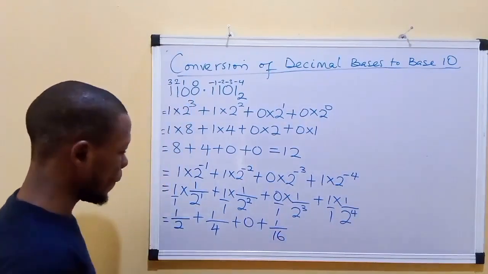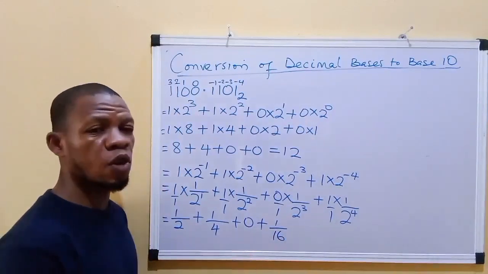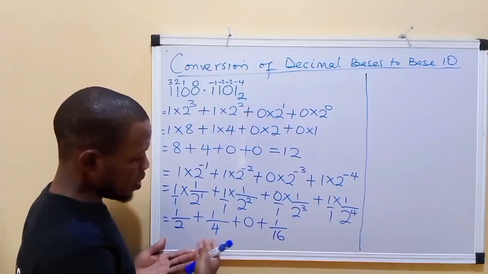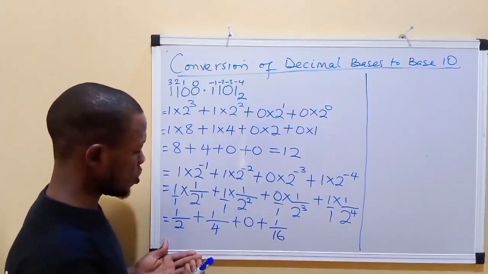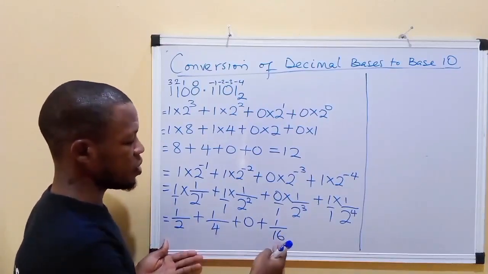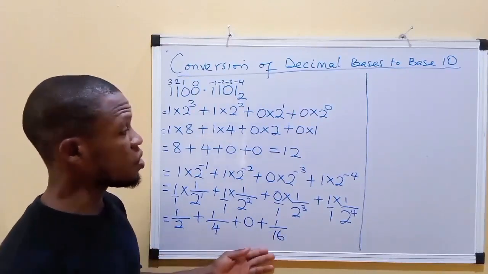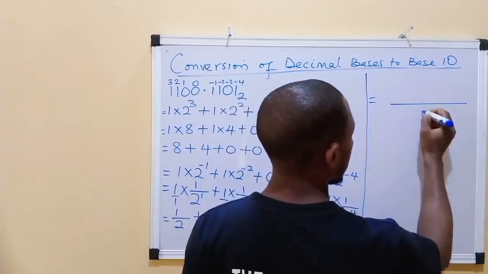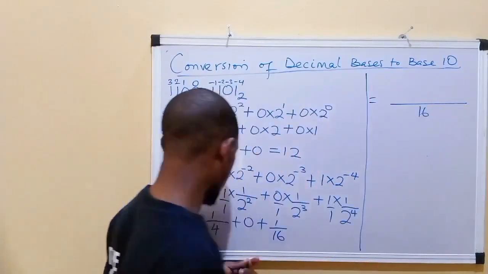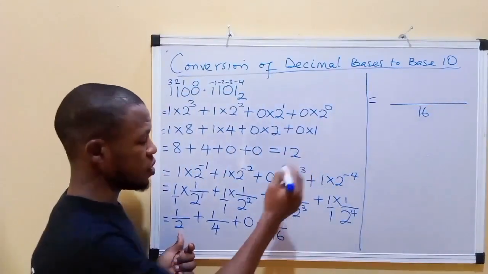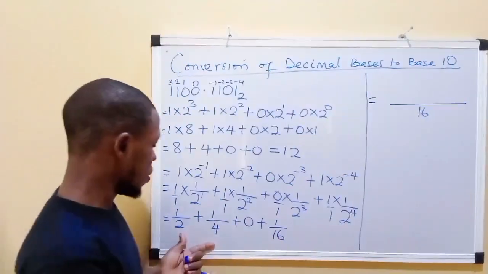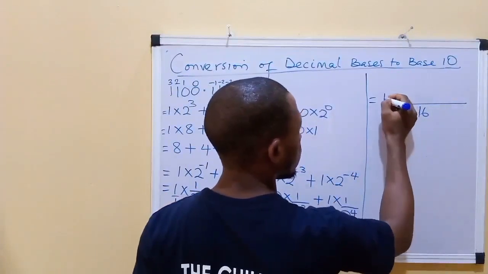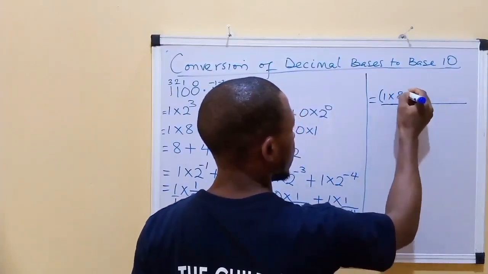Okay, now to continue solving this problem, we are going to follow the approach for addition of fractions. Now let's look at the denominators of these fractions. We have 2, 4, and 16. The LCM of 2, 4, and 16 is 16. So 16 divided by 2 gives us 8. So we have 1, the numerator, times 8.